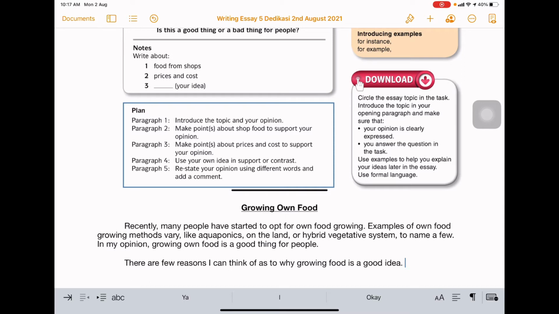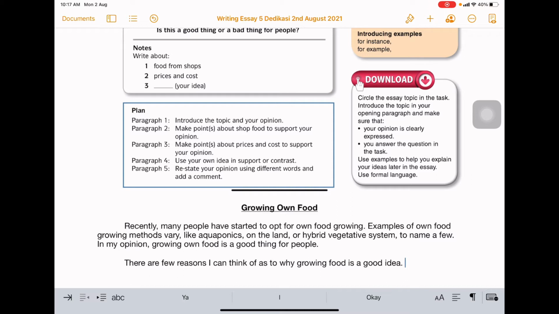Okay, there are words that you can use to describe food. You can say maybe ripe, unripe, fresh or stale, healthy or unhealthy, natural or processed.